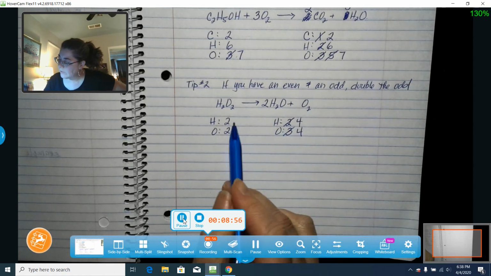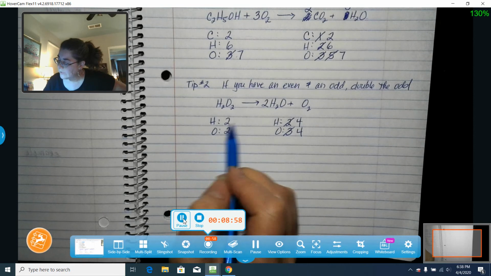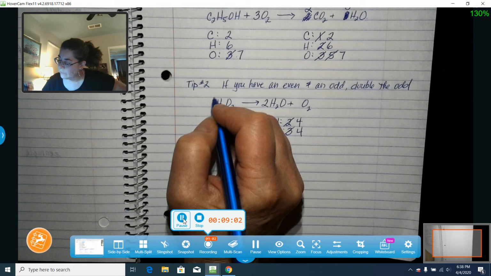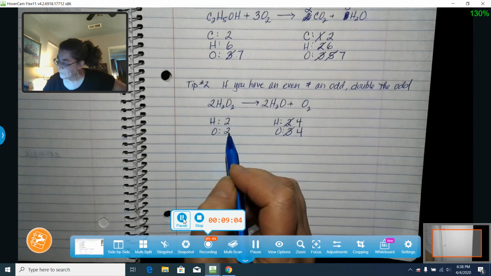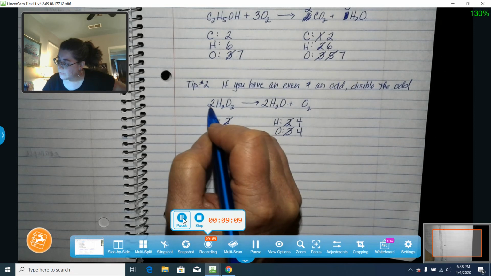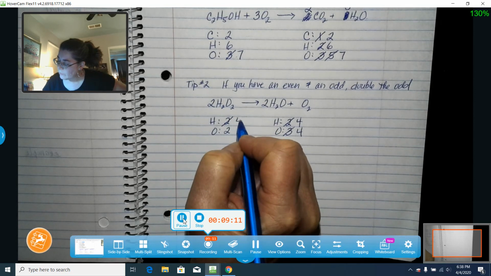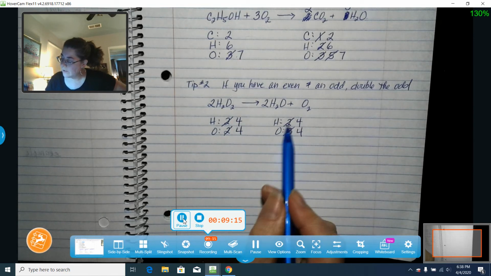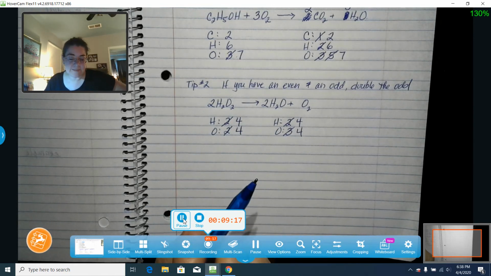Alright, now I can go to the other side and try to balance. I have 4 oxygens there, and I need 4 hydrogens here. So I put a coefficient of 2, that's going to give me 2 times 2, 4 hydrogens, 2 times 2, 4 oxygens, and I am balanced.